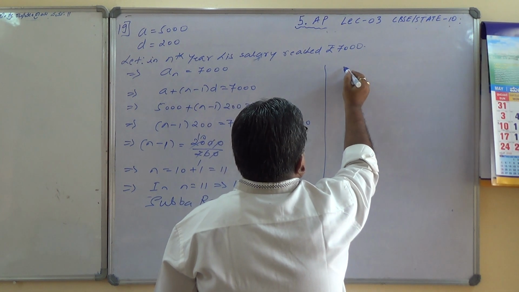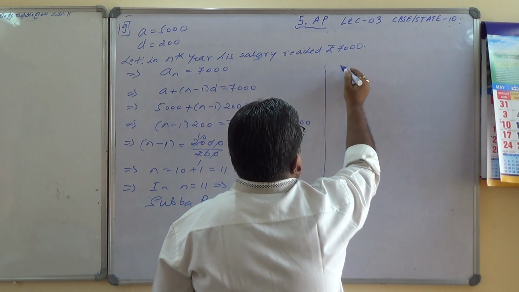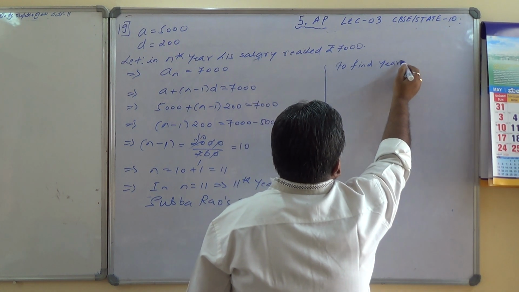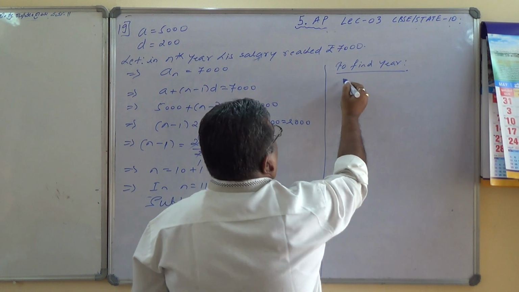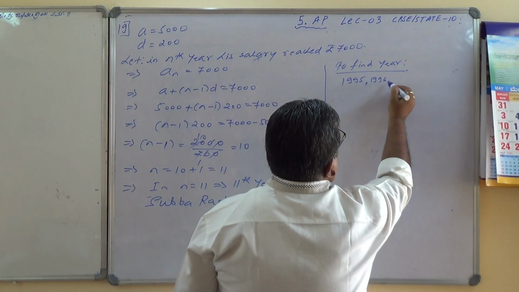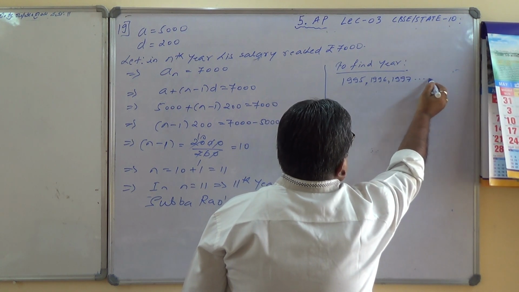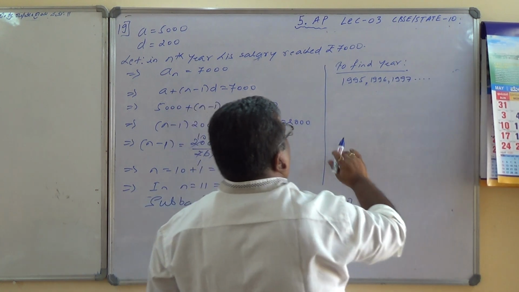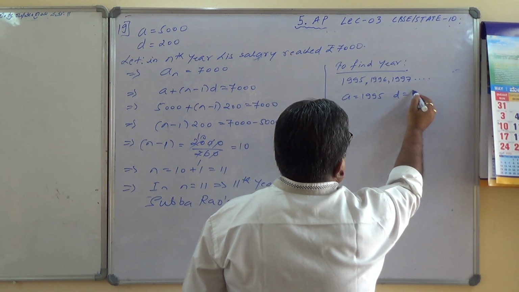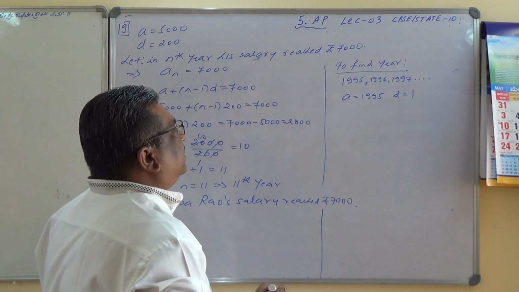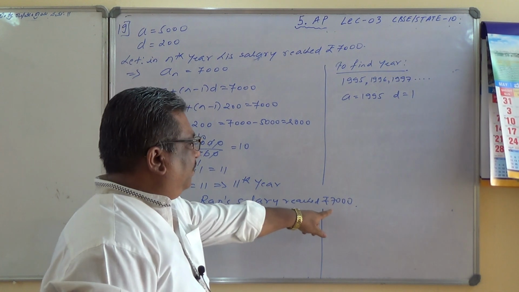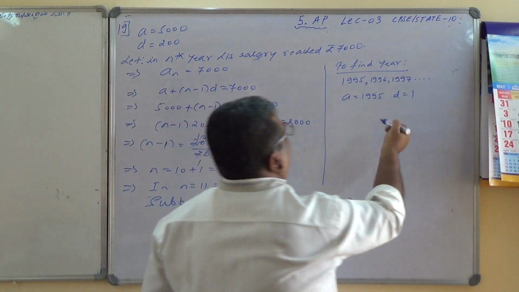Here, to find the year in which his salary reached 7,000: 1995, 1996, 1997, like this. So the question is, here A is 1995, D is equal to 1. So in the 11th year his salary reached 7,000, means A11 I have to find out.